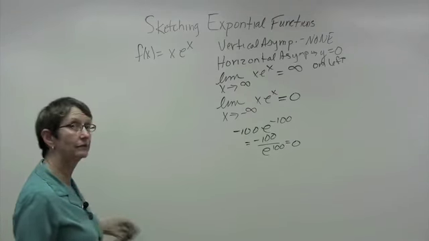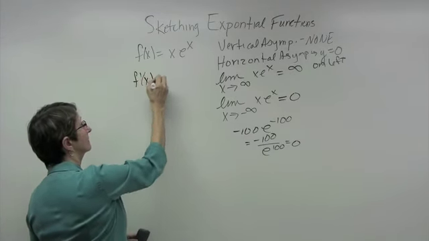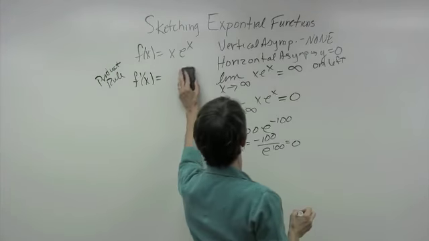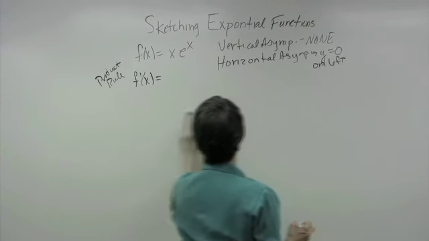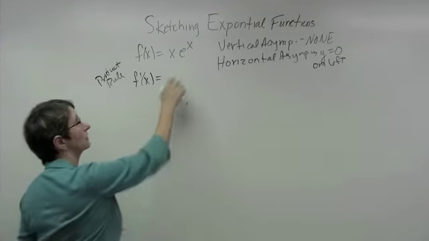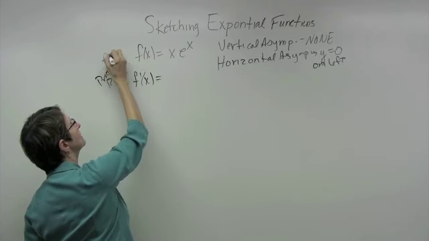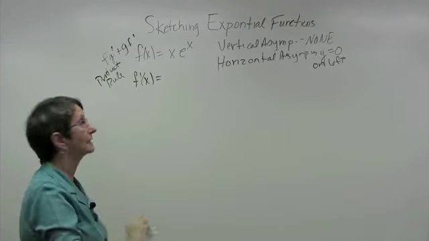So we need to get the first derivative. To get f prime of x, I'm going to have to use product rule because it is x times e to the x. Let's give ourselves a little room here and use the product rule on this function for the derivative. Product rule is first, derivative of the second plus second, derivative of the first.